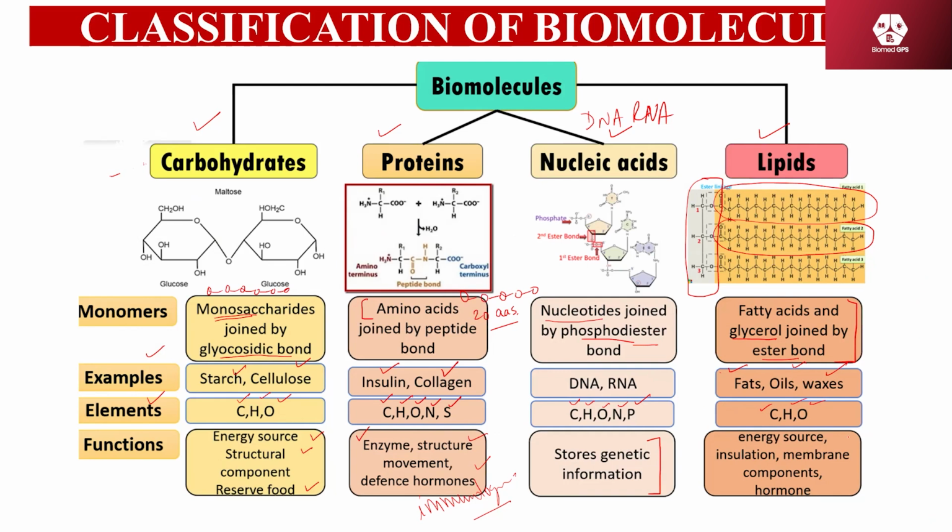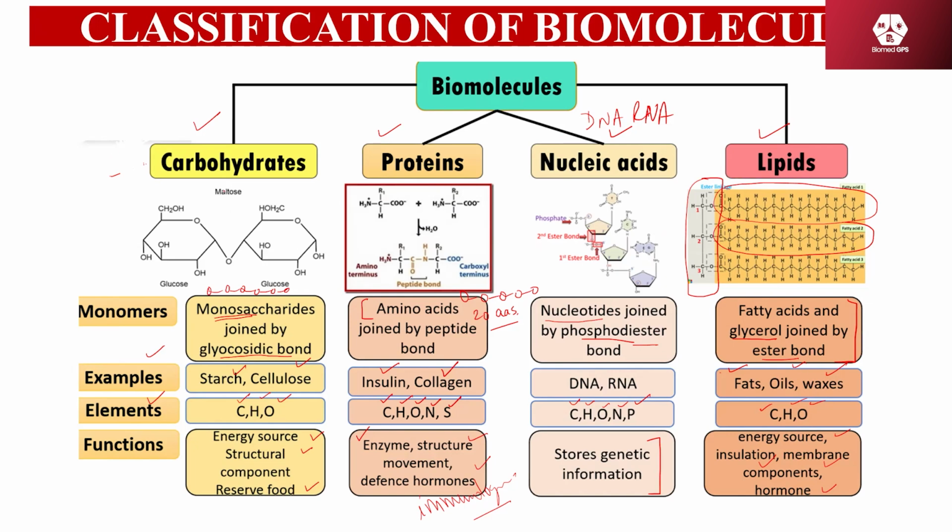The main functions are that they act as an energy source. They also provide insulation. As you know, the fats stored in our body provide insulation. They also give a cushioning effect for the organs. They are membrane components, the lipid bilayer. And also, some of them act as hormones.